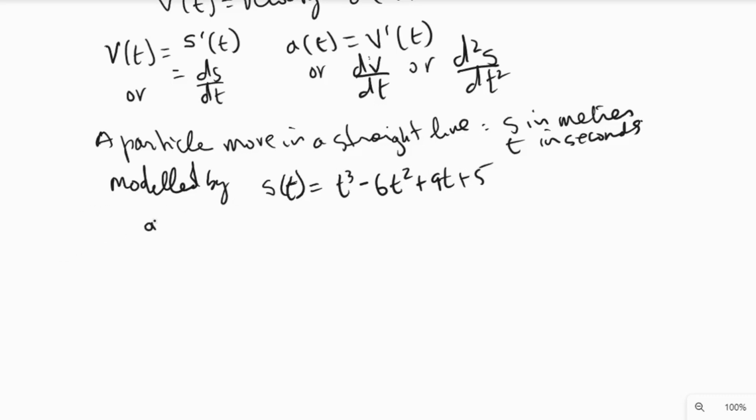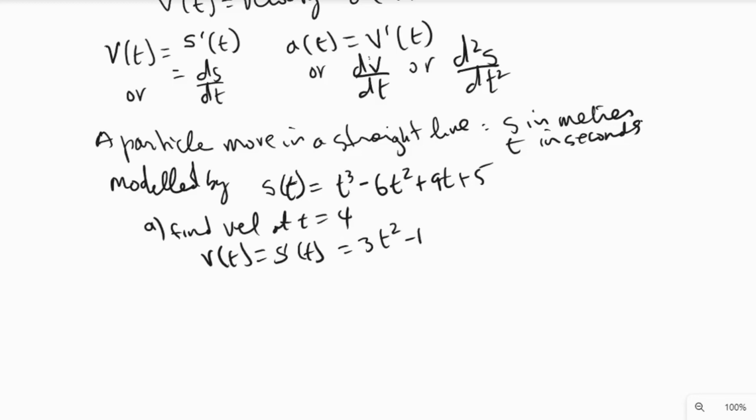A. Find the velocity at t equal to 4. Therefore, velocity is, as we have seen, the derivative of position. It is 3t squared minus 12t plus 9.